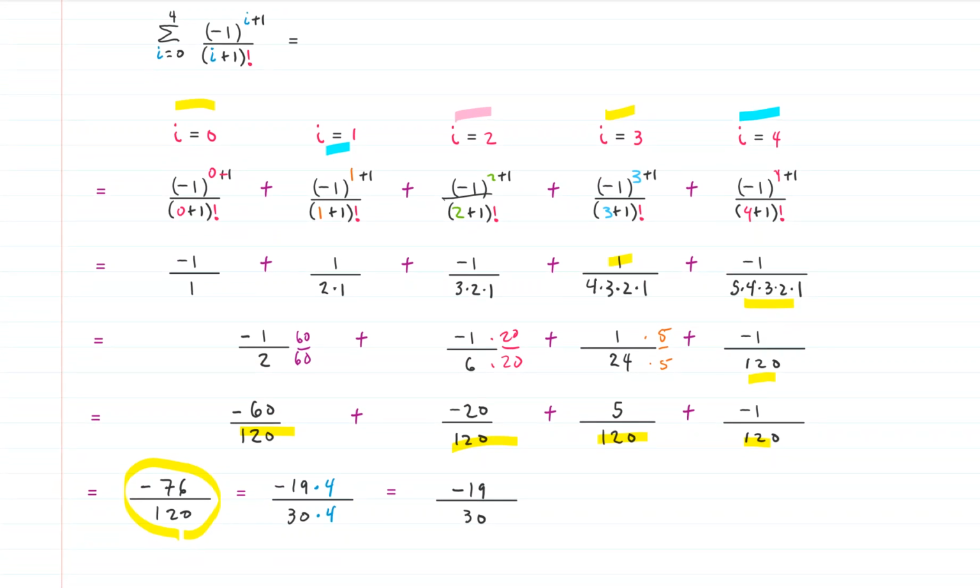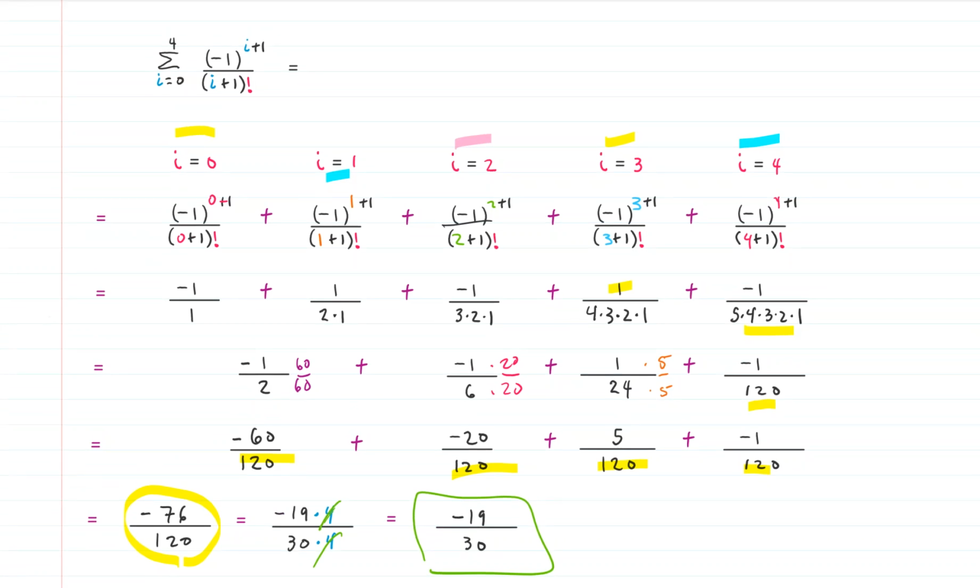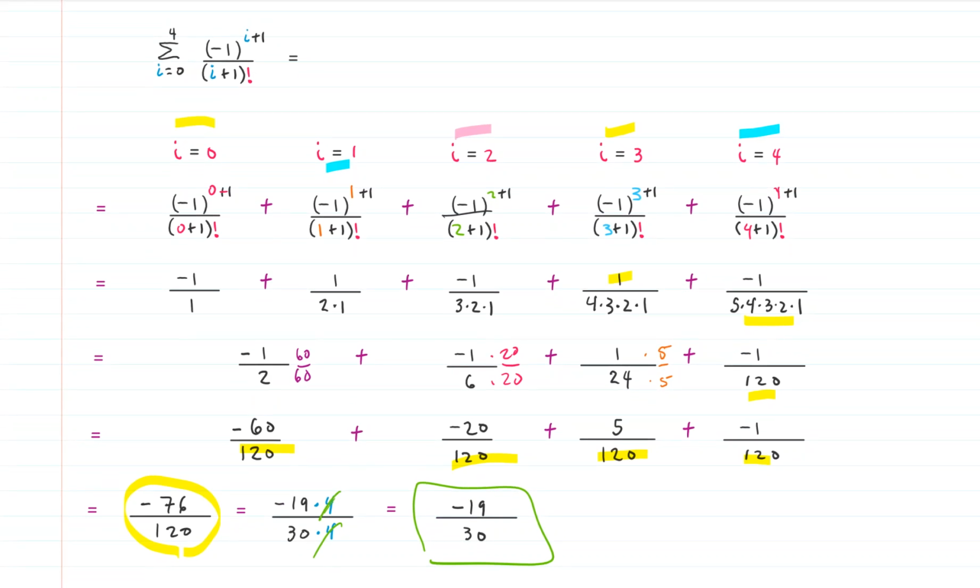Both of those numbers are even, so I can pull out at least a 2, and actually I can pull out a 4. So if I pull out a 4 and cancel the 4s out, I'm left with negative 19 over 30. So my sum of negative 1 to the i plus 1 over i plus 1 factorial from 0 to 4 is actually just negative 19 over 30.